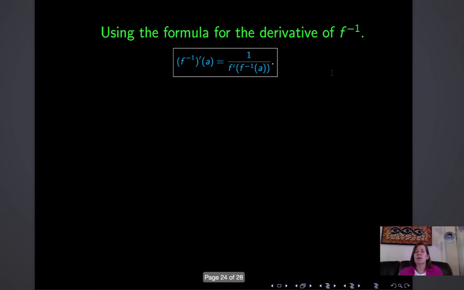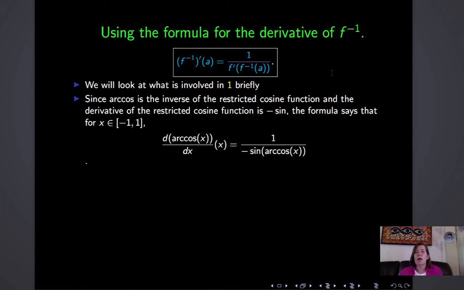Arc cosine is the inverse of the restricted cosine function we saw, and what this formula is saying is that the derivative of this inverse function, arc cosine of x with respect to x, evaluated at any point x, is going to be 1 over the derivative of the restricted cosine function at f inverse of x, so at arc cosine of x.